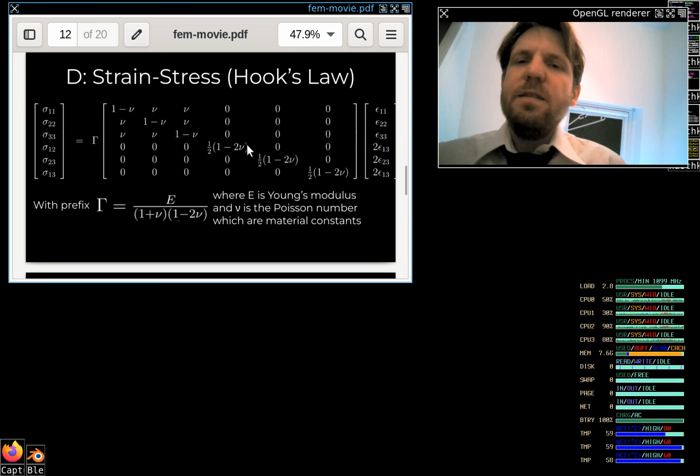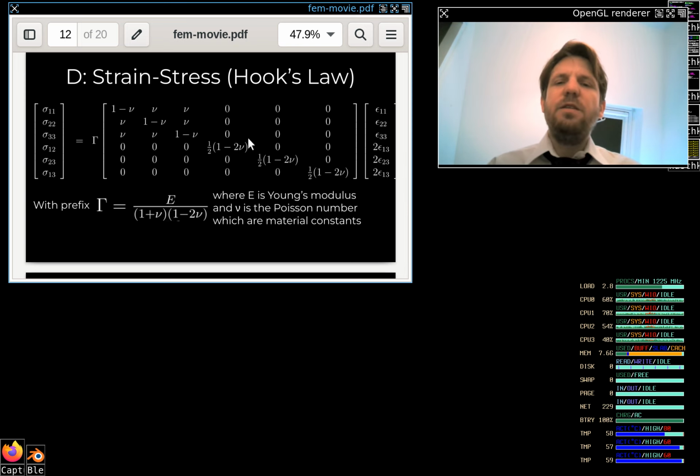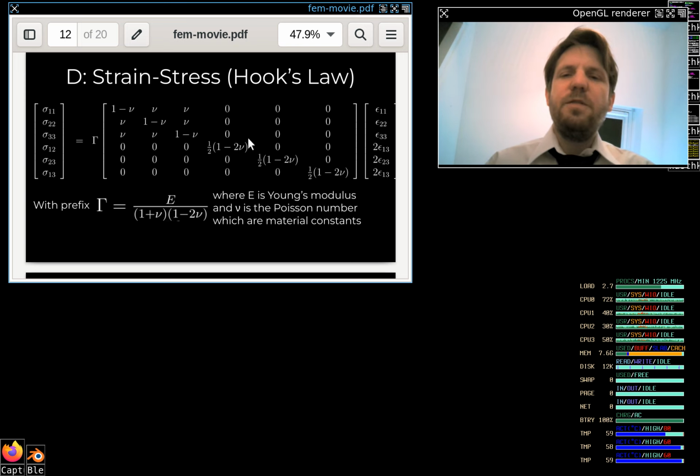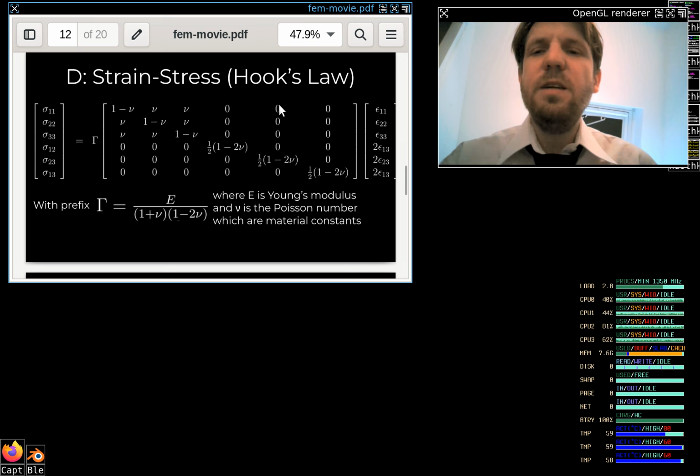And then of course we have Hooke's law. Hooke's law basically says, if you apply some force and then you release the force, the thing goes into another state, and it tells you, if you push with a force, how much the object will deform. Normally linearly, but here we have it in 3 dimensions.